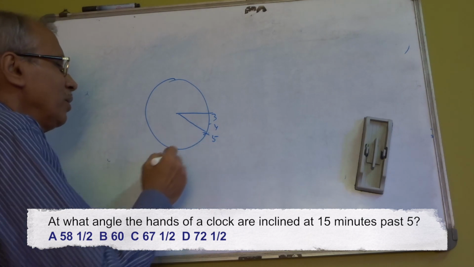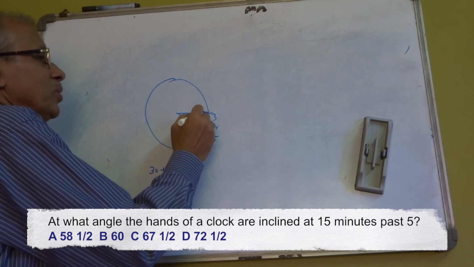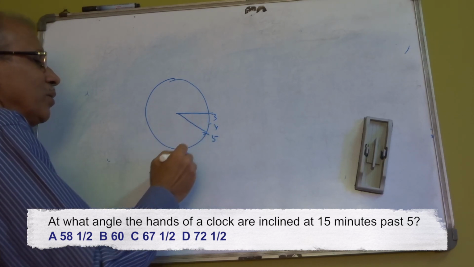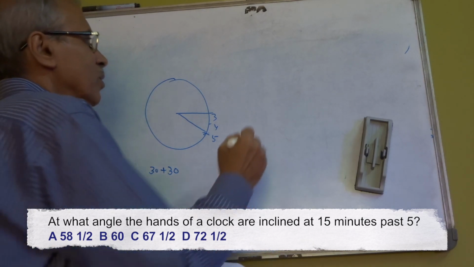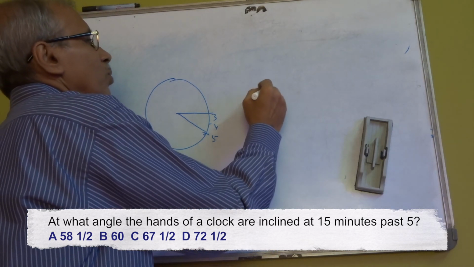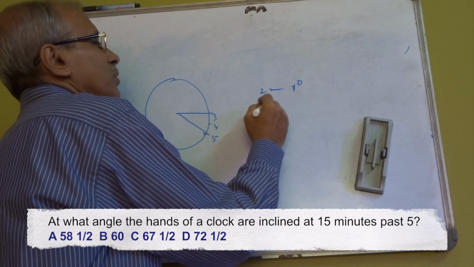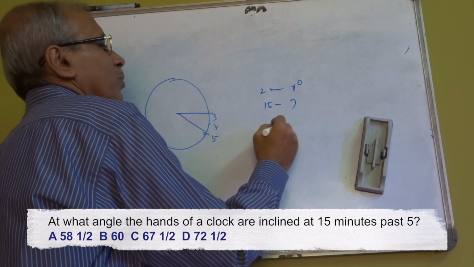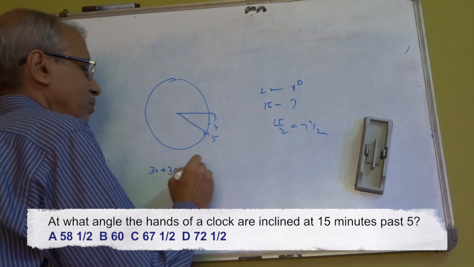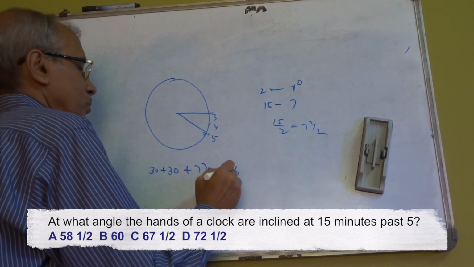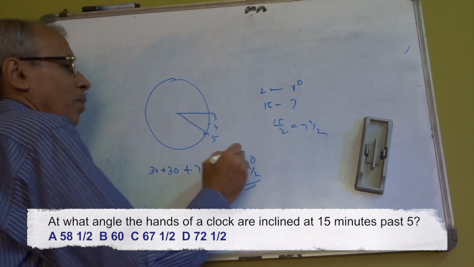Between 3 and 5, 30 plus 30, because 3 to 4 is 30, 4 to 5 is 30. But the hour hand has moved a little. How much has it moved? We have said every 2 minutes, 1 degree. Now 15 minutes, how much? 15 by 2, or 7 and a half. Plus 7 and a half. So 67 and a half is the angle.